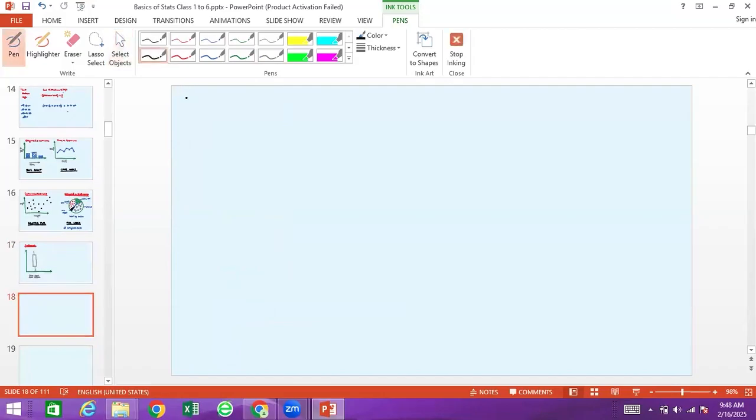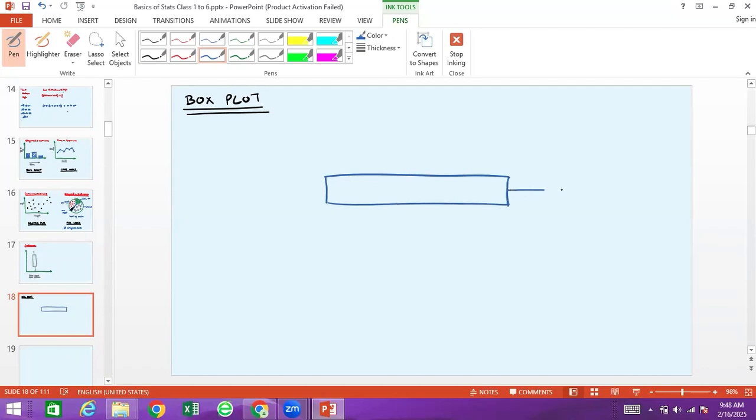How to create a box plot first of all, and how to read it. A box plot will look something like this. There will be a rectangle box, and then there will be lines extending from that blue rectangle box.